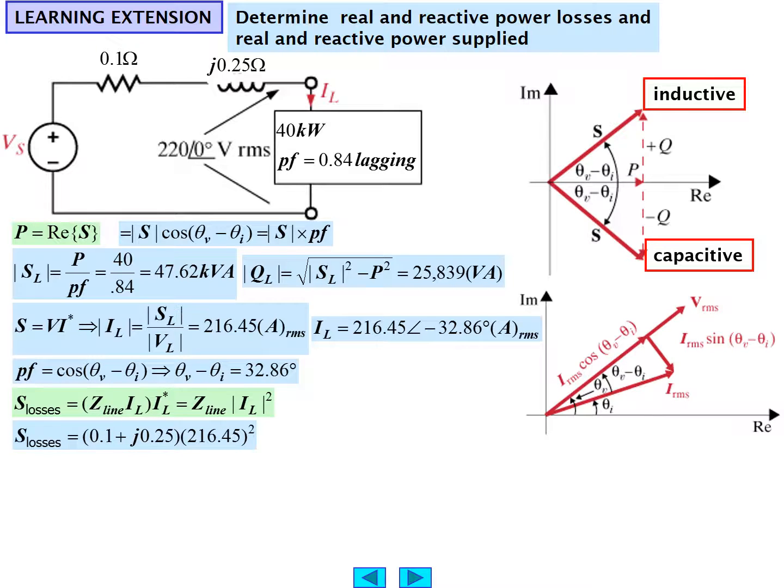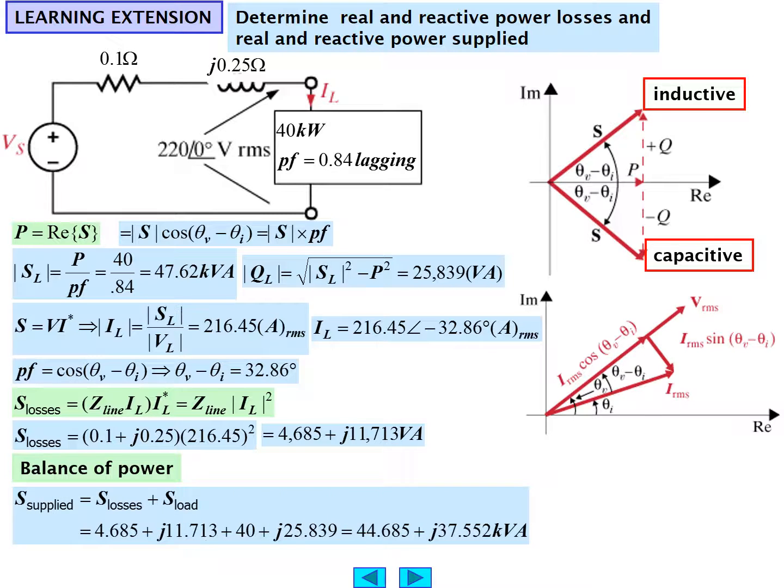Therefore, the complex losses, S sub losses, would be 0.1 plus j0.25 as a quantity, multiplied by 216.45 squared, producing an answer of 4685 plus j11,713 volt amperes.